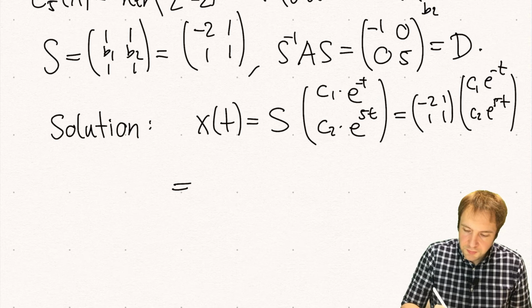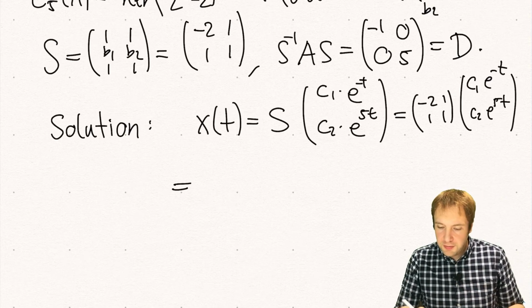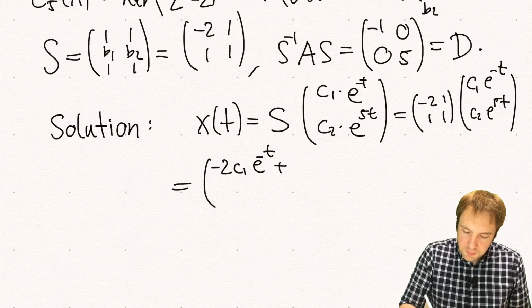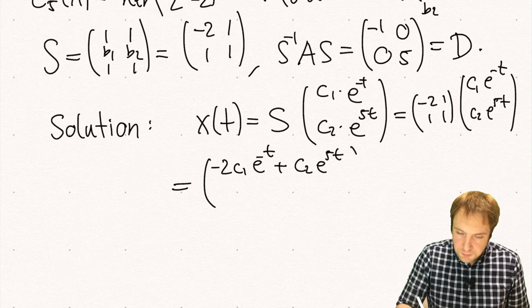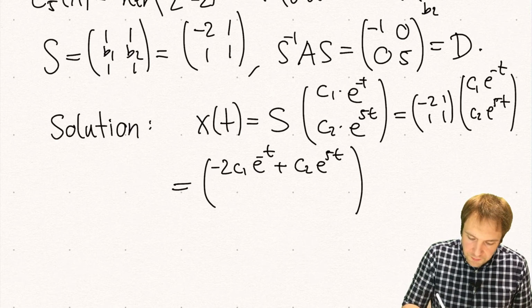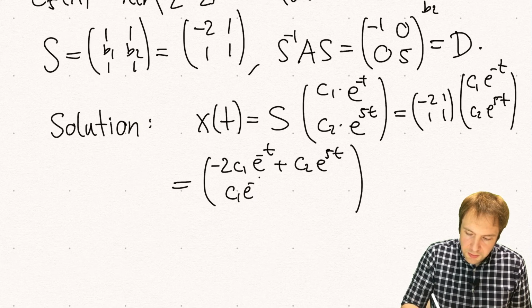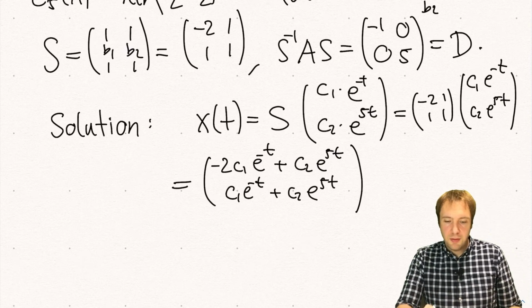So the solution is given by, where we just now need to multiply this out, this is -2 times c1 e to the minus t plus c2 e to the 5t, and here we have 1 times c1 e to the minus t plus c2 e to the 5t.